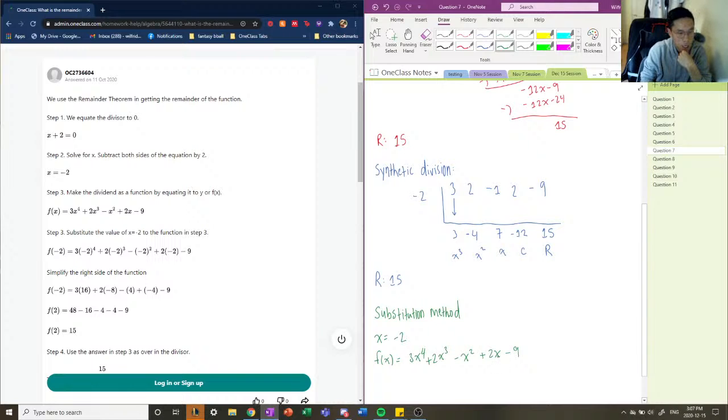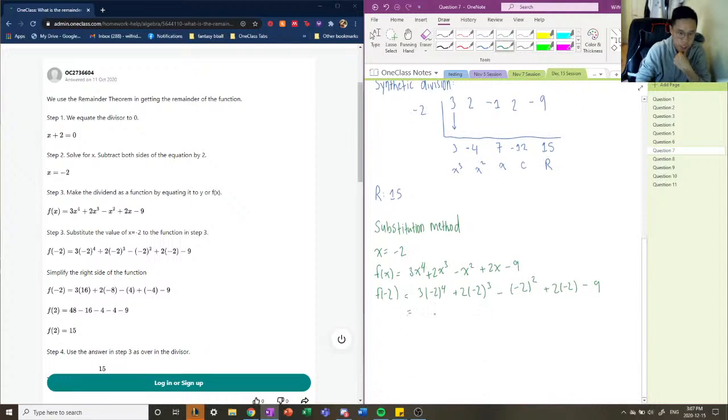So we're going to plug in f of -2 and we get 3 times (-2) to the power 4 plus 2 times (-2) to the power 3 minus (-2) to the power of 2 plus 2 times -2 minus 9. And we get 48 minus 16 minus 4 minus 4 minus 9, and that gives us 15.